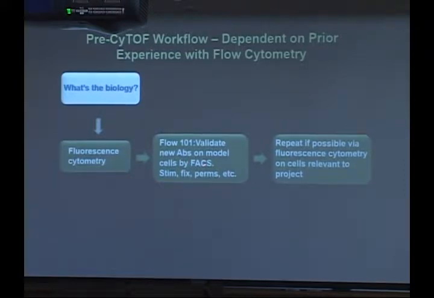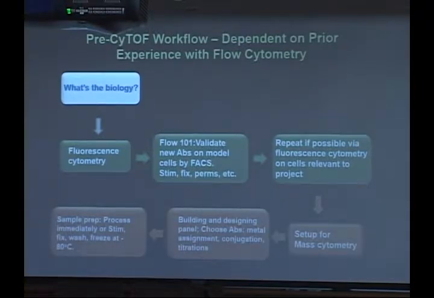Then in your specific project, you'll probably have new antibodies, and so it's really nice if you can validate and find the clones, validate them on fluorescence. And then the stim, the fix, and the perm conditions, again, are not going to change from going from fluorescence into mass cytometry. And then you are ready for thinking about doing a mass cytometry experiment.